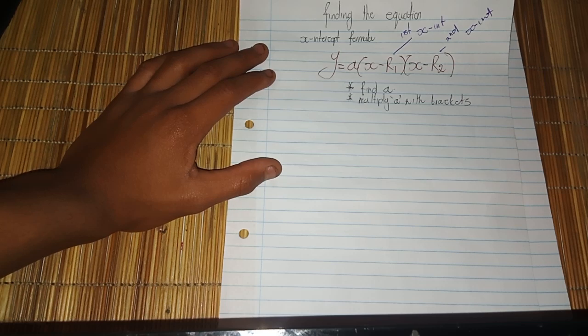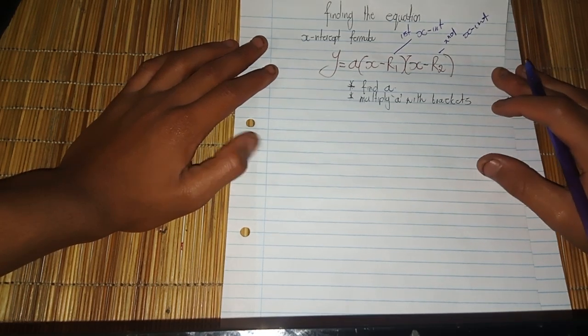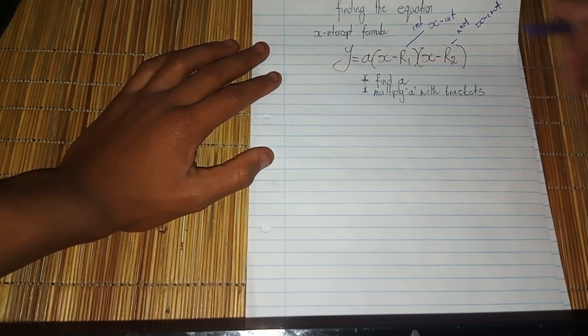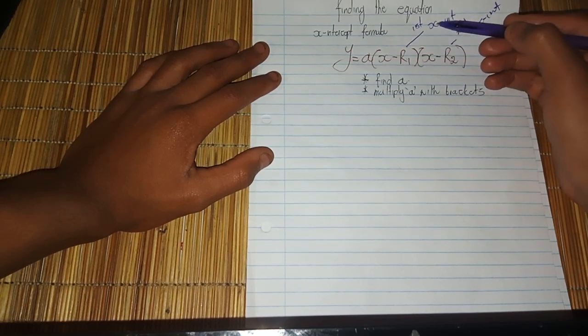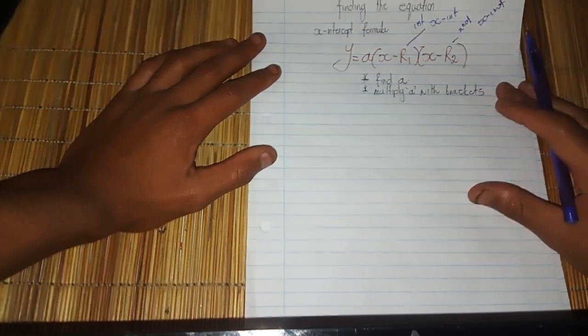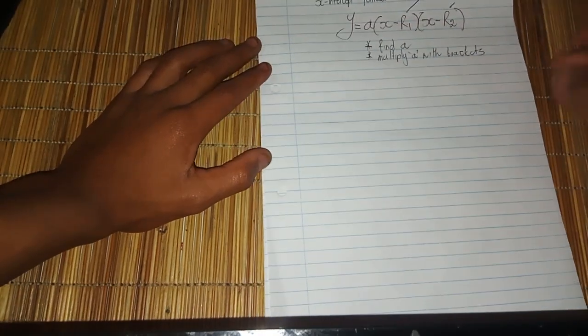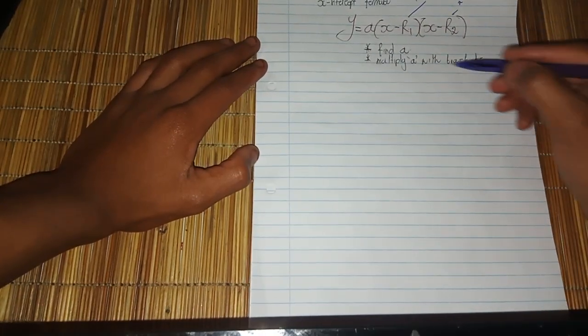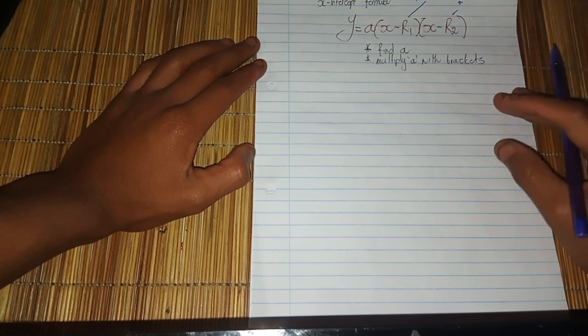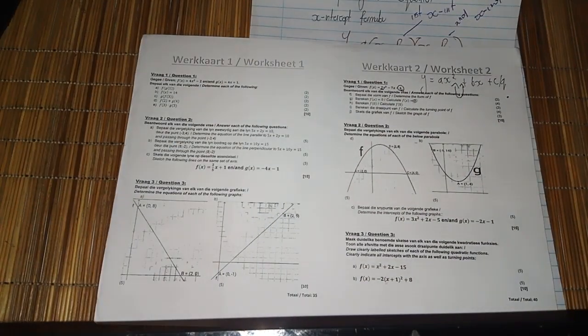You won't find different things because there's multiplication happening. But I would suggest that order. Let's use an example and then you'll see what I mean: find a and multiply with brackets, because I feel like I didn't explain it in depth.